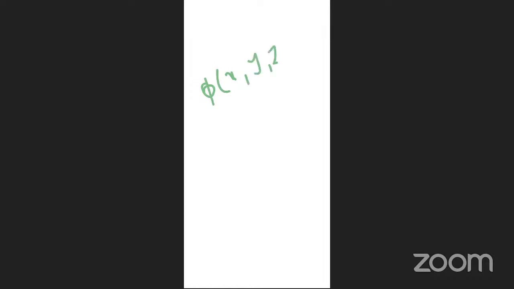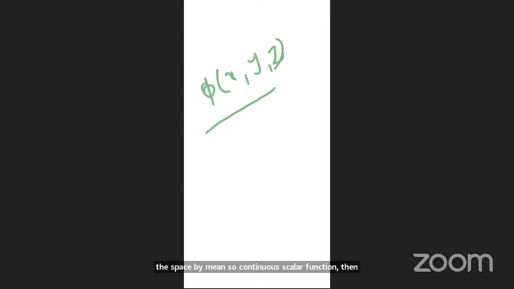A scalar field: whenever a scalar physical quantity is expressed from point to point in space by means of a continuous scalar function, that is, a scalar function phi of x, y, z, then such a field is called a scalar field.